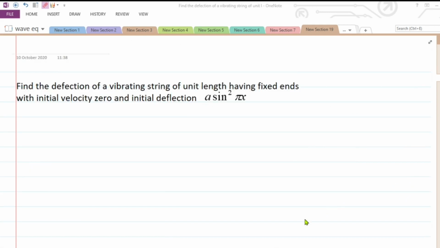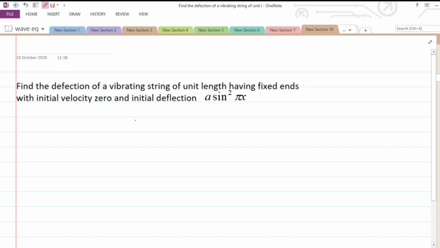Now let us look at another problem. Find deflection of vibrating string of unit length with fixed endpoints with initial velocity 0 and initial deflection as a sine square pi x. So here also initial velocity is given as 0 because we derived the solution for initial velocity 0 and deflection with function. So usually that is there in the syllabus.